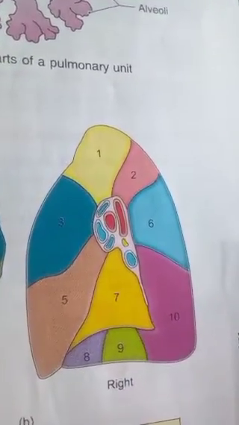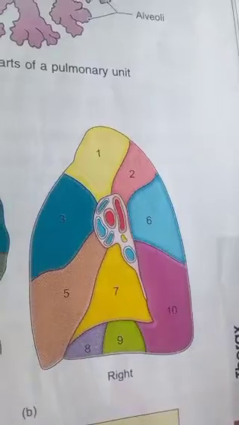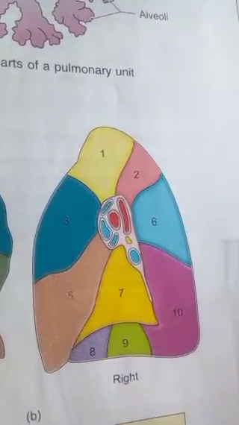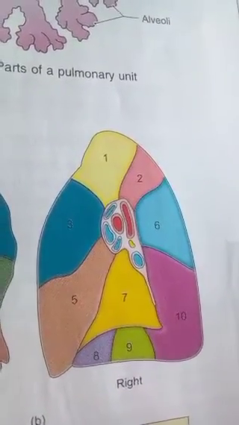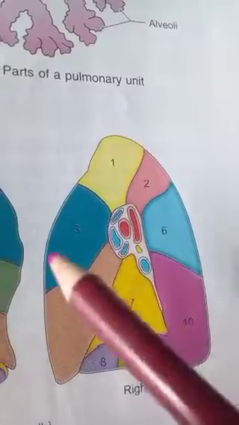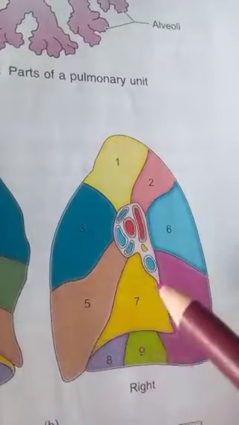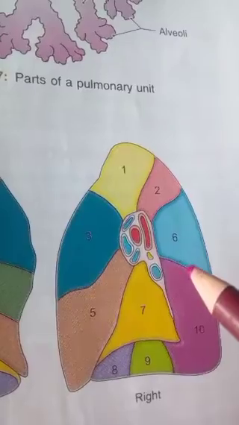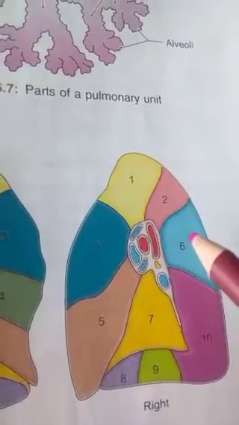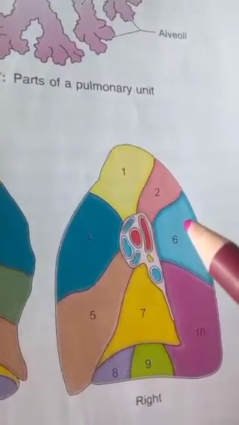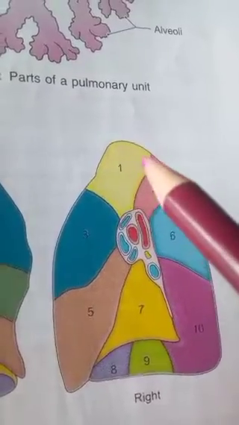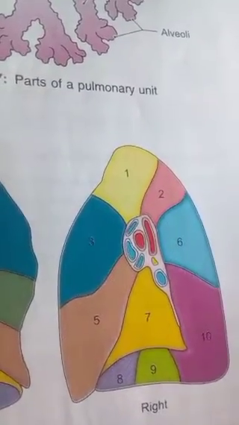Having learned the bronchial tree, we will now learn the bronchopulmonary segments. By definition, bronchopulmonary segments are well defined anatomical segments of the lung aerated by a segmental or tertiary bronchus.